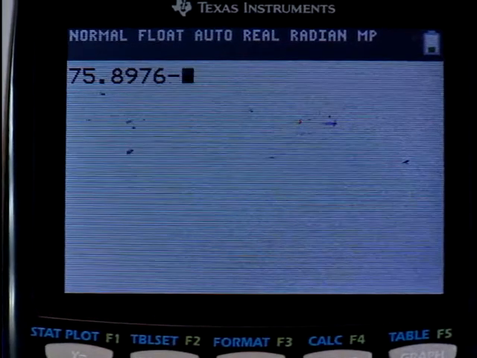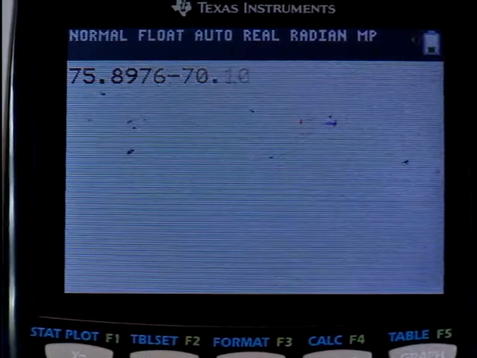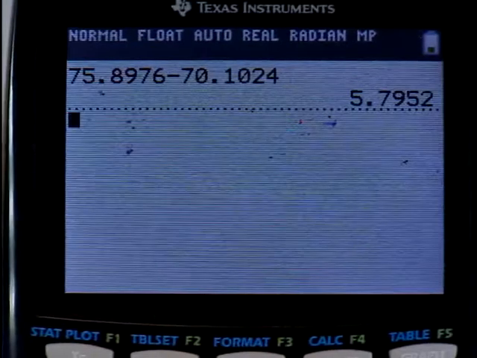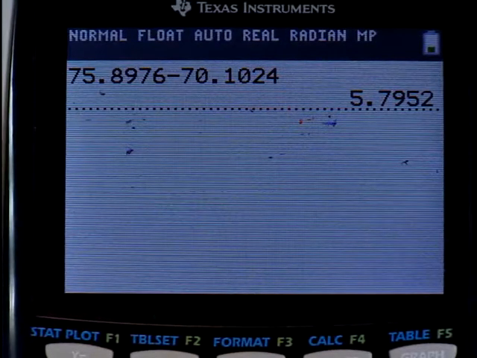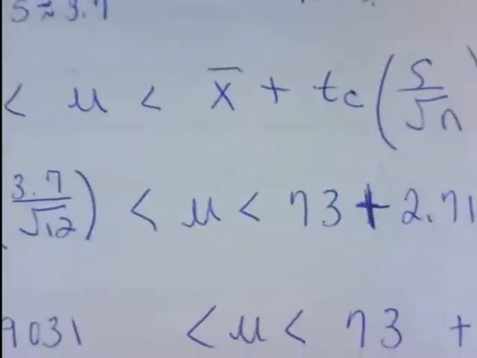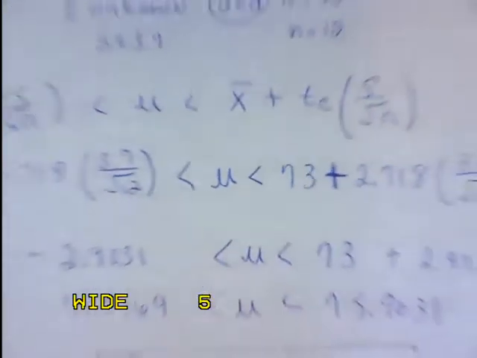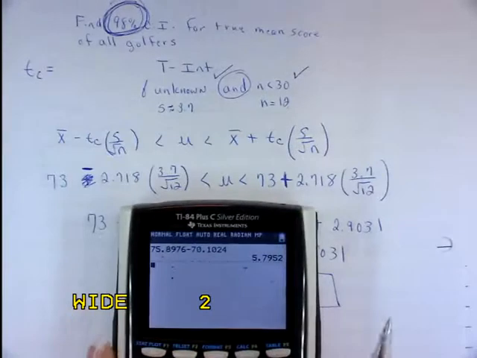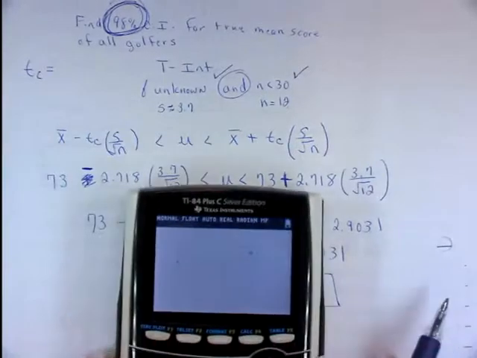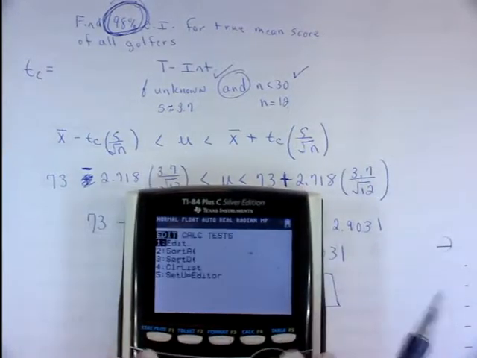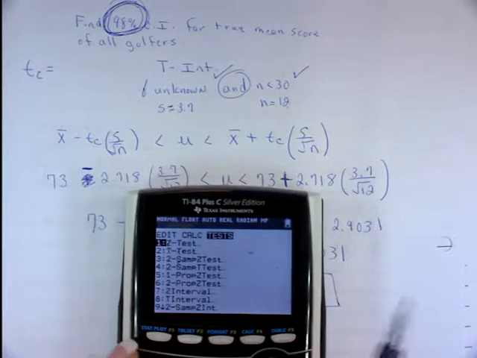75.8976 minus the 70.1024. And just so you'll know, I'm receiving those numbers from, let me do this. The trick for E, there's several different ways. Let me go back to Stat, Test, number 8 as a T interval.